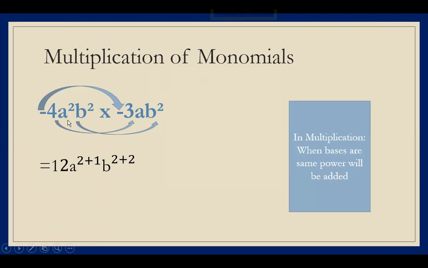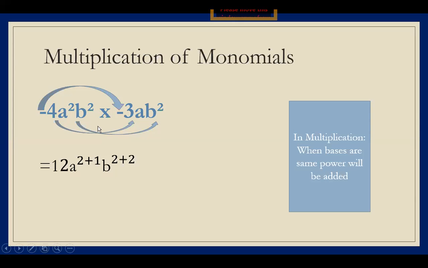Then here you can see that a square and a are there. Students, we know that in multiplication, when bases are same, power will be added. So a power square, and here a power 1. So the base is the same, the variable is the same, so the power will be added, 2 plus 1.